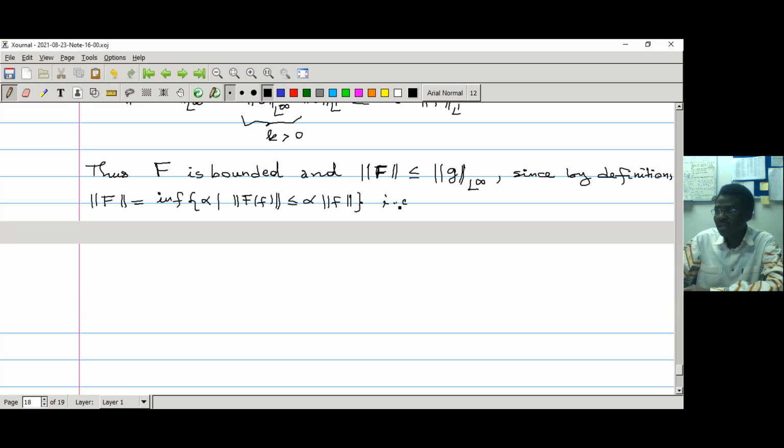It means that if I have alpha that satisfies this, right, this norm is less than or equal to that alpha. For such alpha.